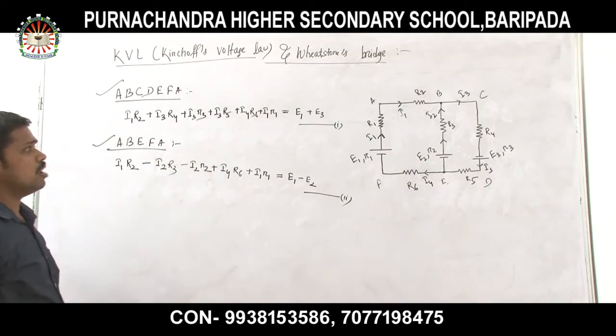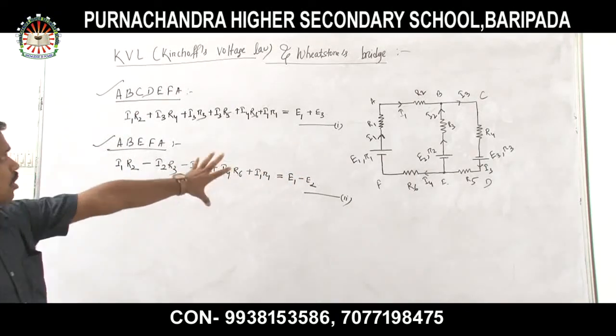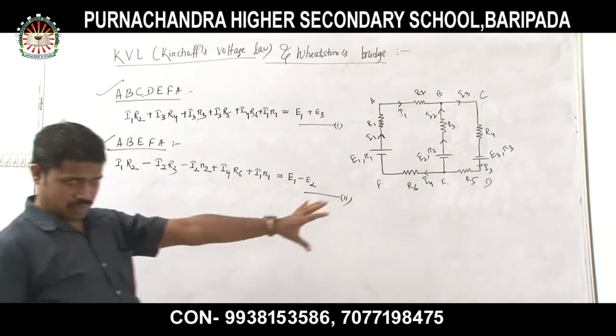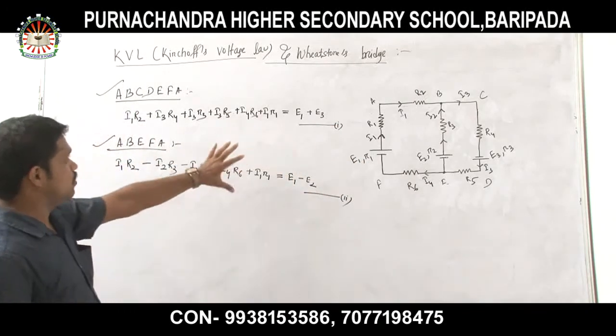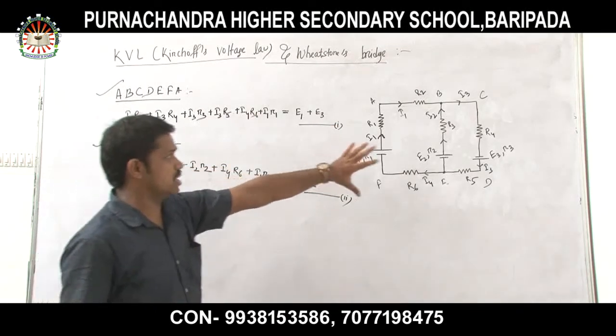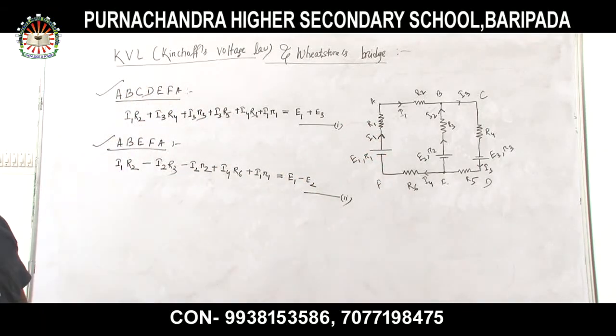Clear all of you? Okay. So this is the process of how we solve a complicated closed electrical circuit using the KVL. Understood all of you?